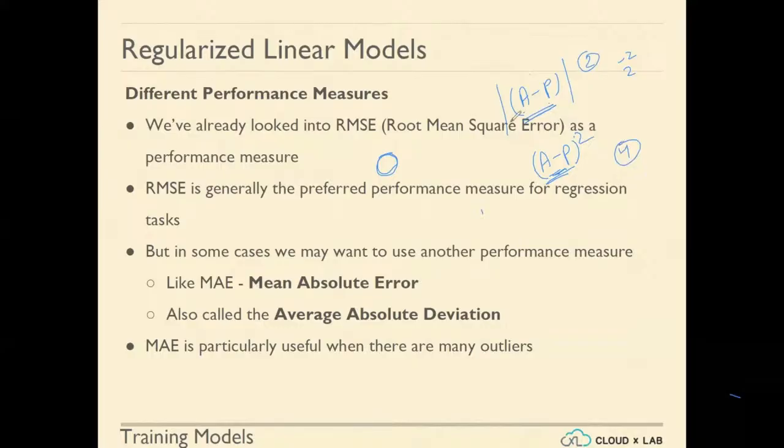And what exactly are we doing in squared error or absolute error? We are minimizing this quantity.